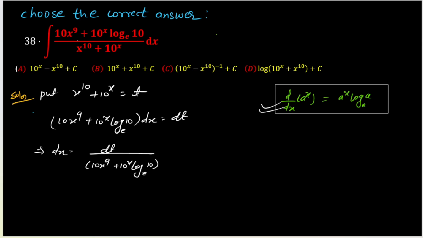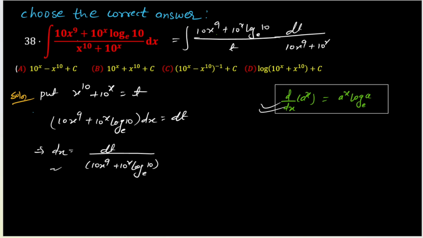Therefore this integral is equal to the numerator, 10 x to the power 9 plus 10 to the power x log e to the power 10, by t, and dx is equal to dt by the same term. So we get the integral of 1 by t dt.